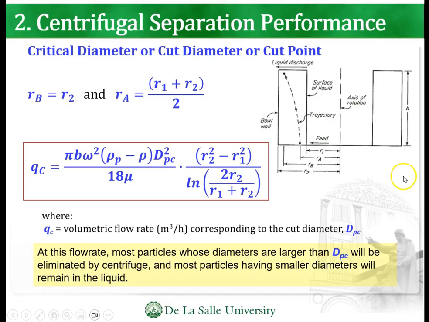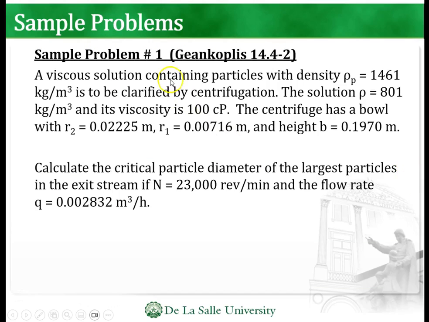Okay, so let's go to some examples. I'll just solve two examples. The first example is the one in Geankoplis. A viscous solution containing particles with density 1461 kilograms per cubic meter is to be clarified by centrifugation. The solution, density of the fluid, 801 kilograms per cubic meter, and its viscosity is 100 centipoise.